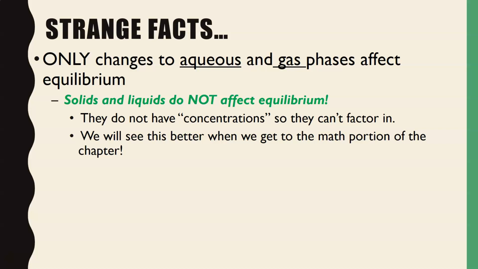Another strange thing is that while adding gases that are part of the reaction will change the equilibrium because they're participating in the reaction, if you add a gas that is not participating in the reaction, nothing's going to change. Yes, the pressure of the container will change when you add this new gas, but it's not going to change the ratio of chemicals that are inside the chemical reaction that's taking place.